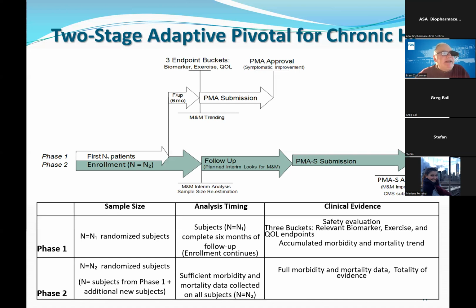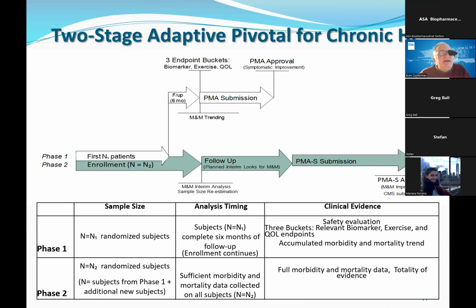And hopefully at the end of the day, they are able to stop accruing patients and reach a conclusion later on that there's an improvement in heart failure hospitalizations and mortality.